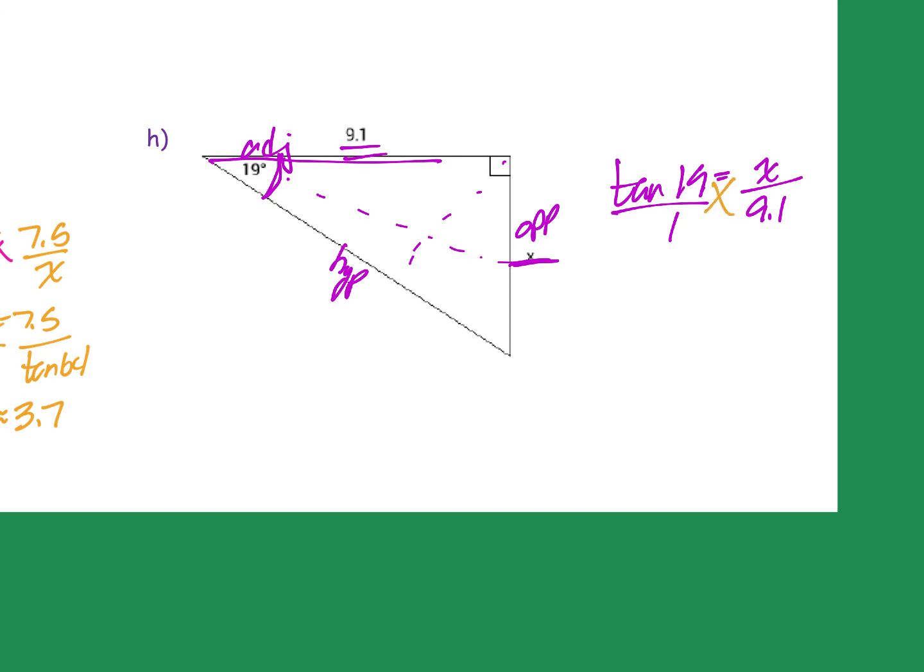Cross multiply, and I'm going to get x equals 9.1 tangent of 19. Please tell me I at least put that one in correct. Good. So that's going to be approximately equal to 3.1. Okay. Whew. Having teacher difficulties today, like technical difficulties only with the teacher.